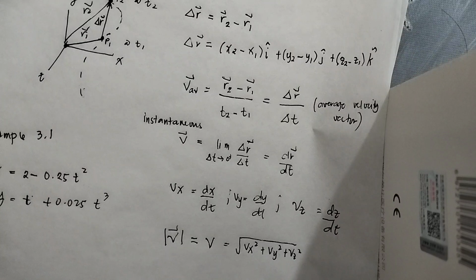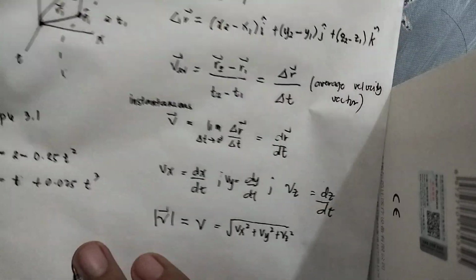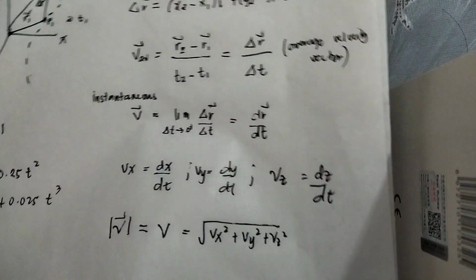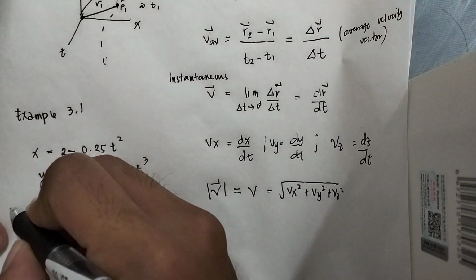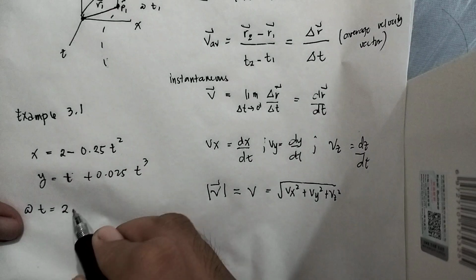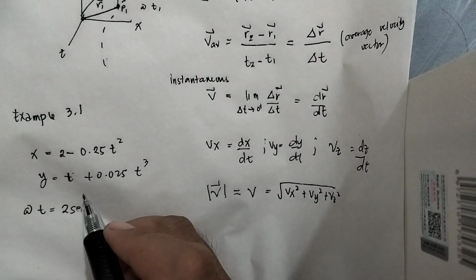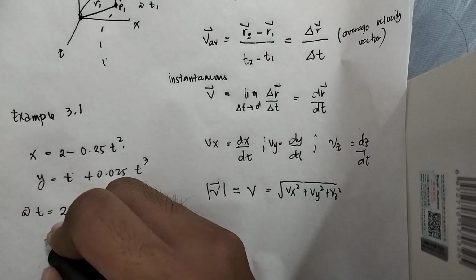So, pangitaon nimo ang iyahang coordinates at 2 seconds daw. So, given naman ta og saan. So, at time equal to 2 seconds, substitute rin na ni mo dara sa t.